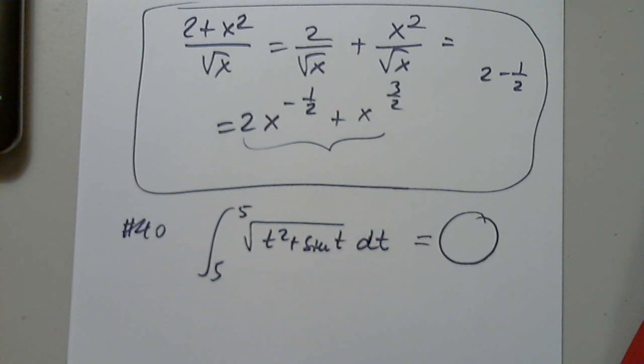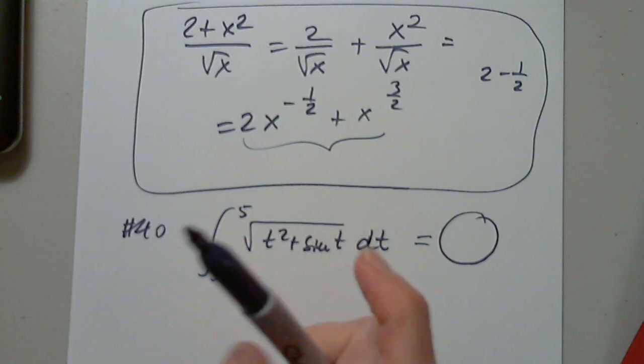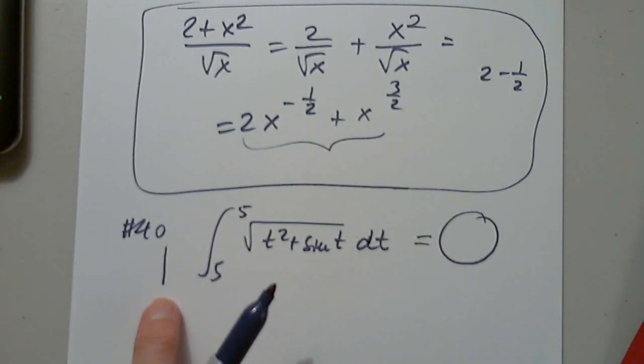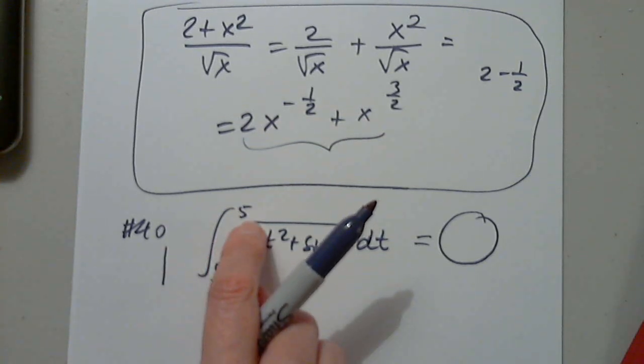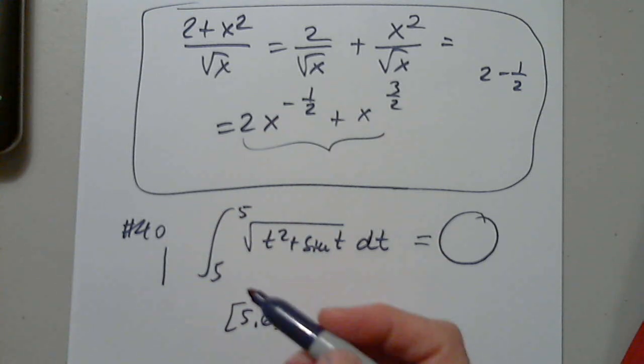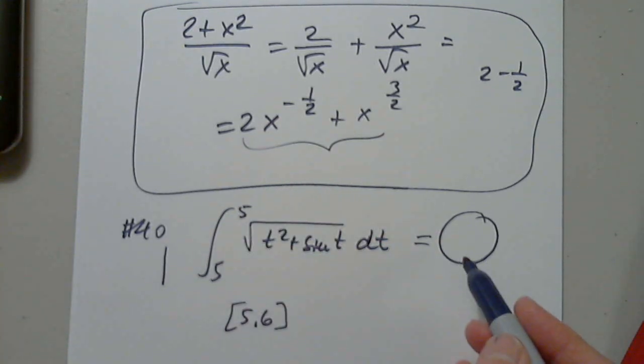Absolutely. So this is the area under the graph, but there is no width, because it's from 5 to 5. If it's from 5 to 6, it's a different story. But if these two limits are the same, the answer will always be 0.